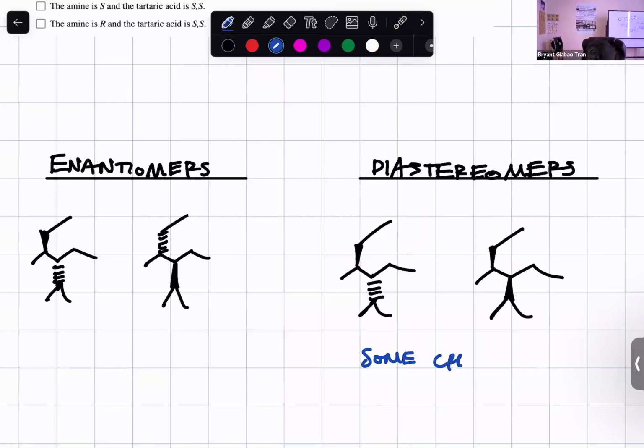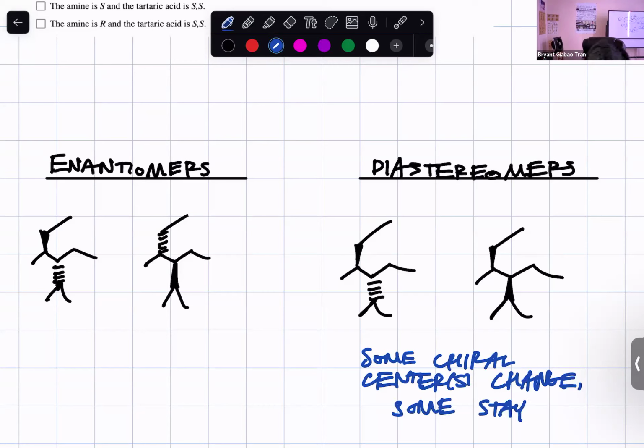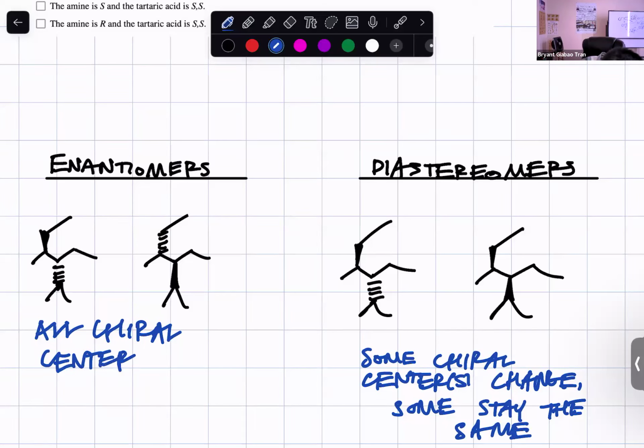Some chiral centers change, some stay the same. And for enantiomers, all chiral centers flip.